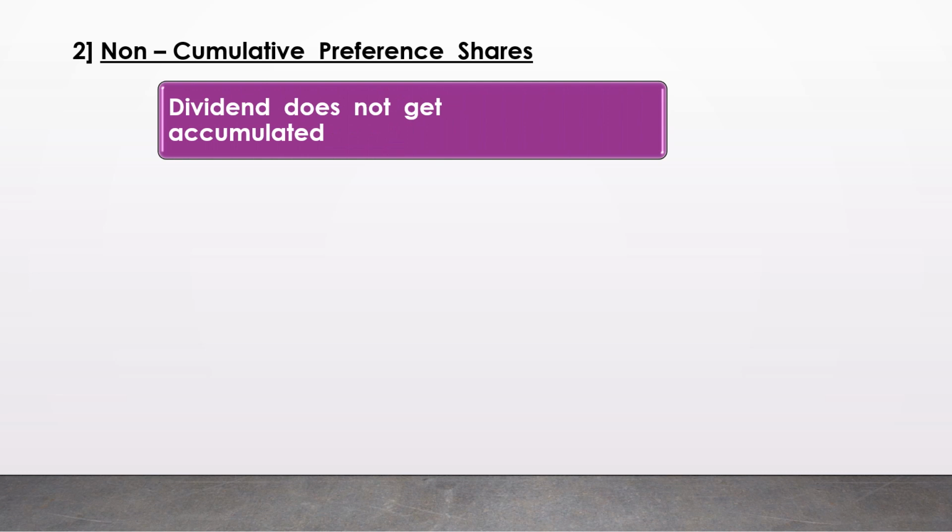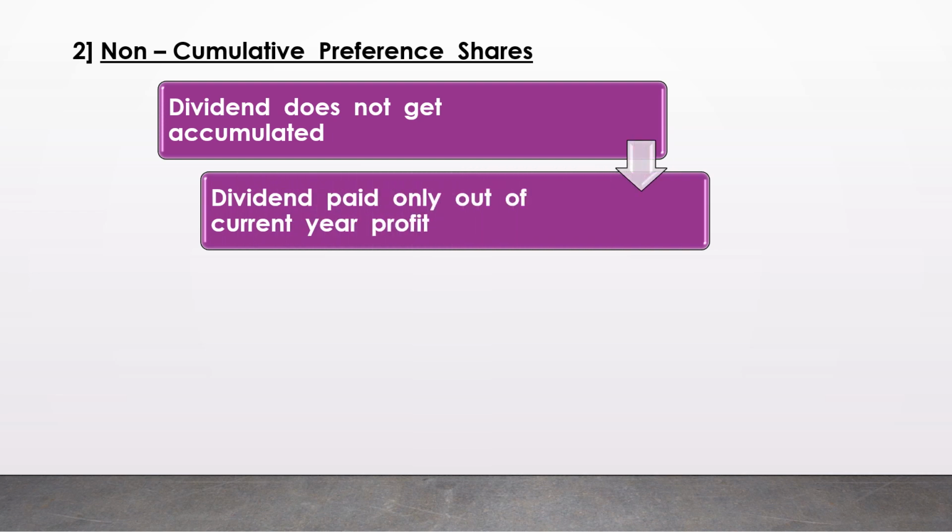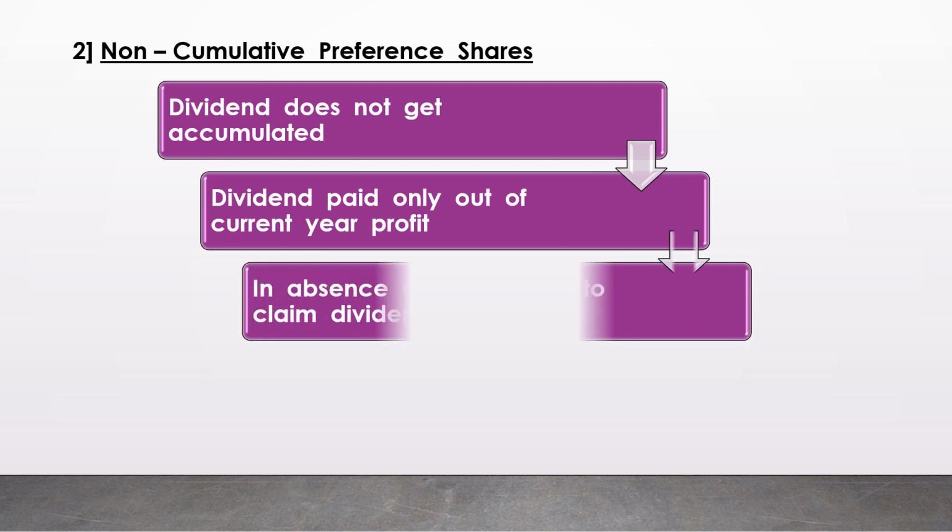Let us now move towards the second type, which is non-cumulative preference shares. Non-cumulative preference shares are those shares on which the dividend does not get accumulated, which means that dividend is paid only when the company earns profit during the current year.